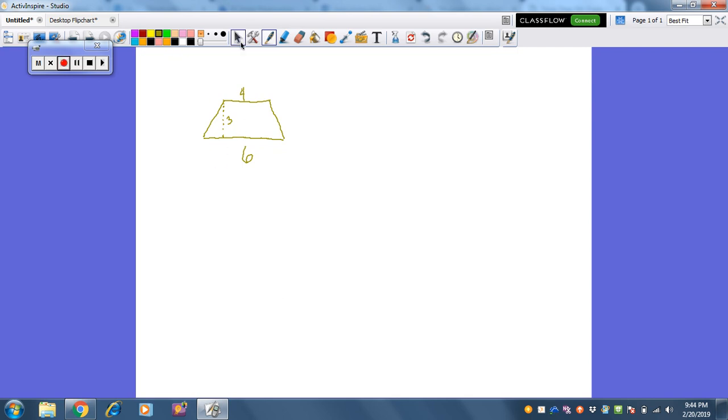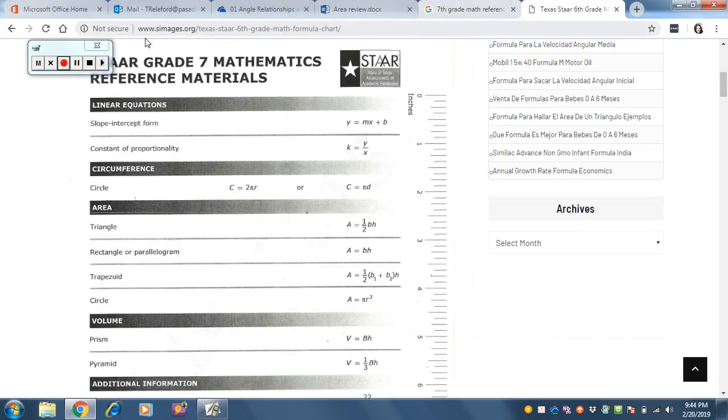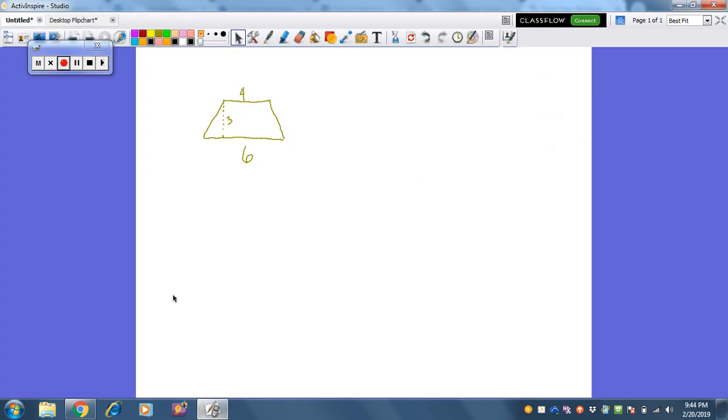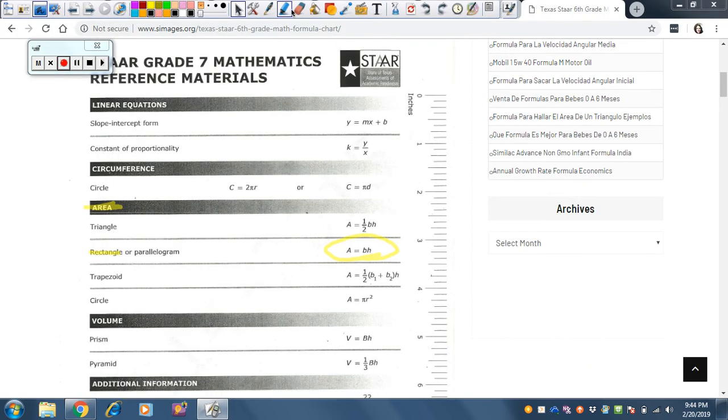Now this one, when you look at the reference chart, you are looking for area. That weird shape is a trapezoid. Because it's a weird shape, it gets a weird formula.